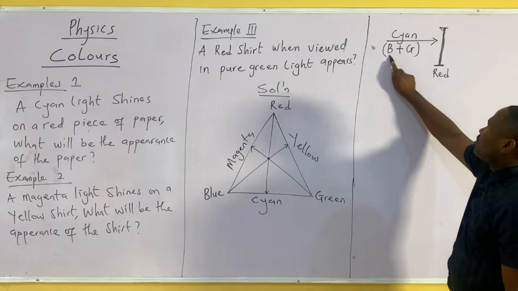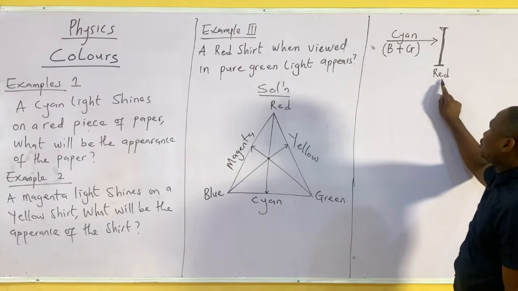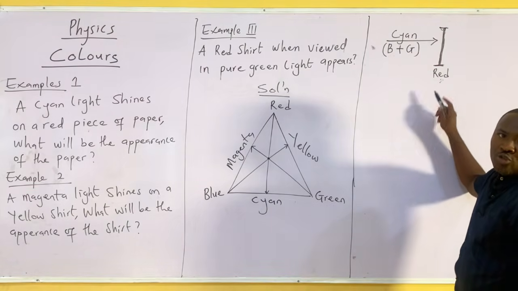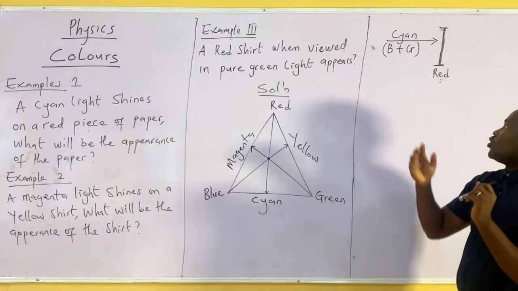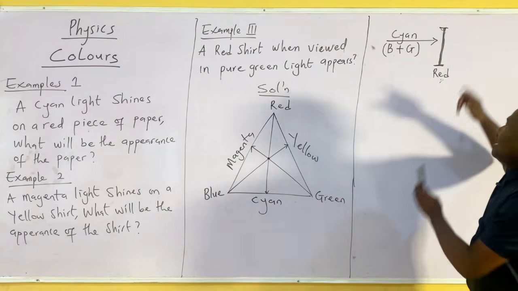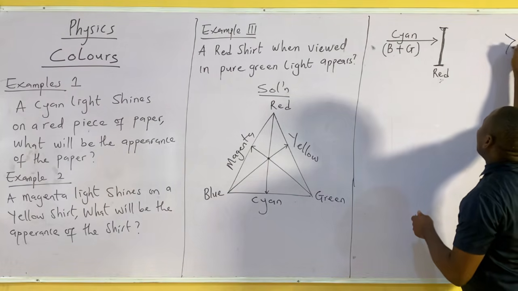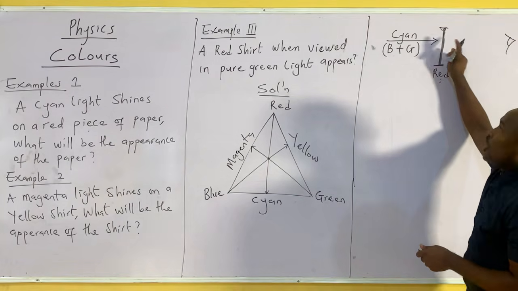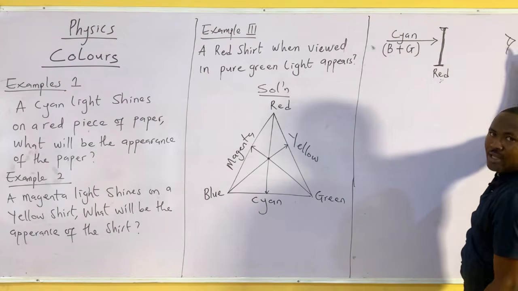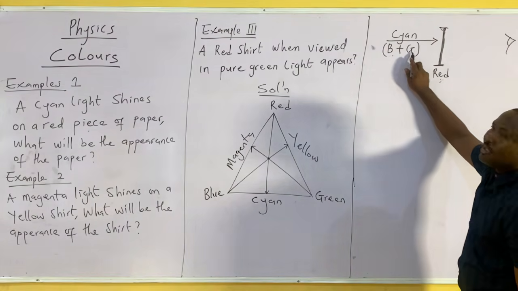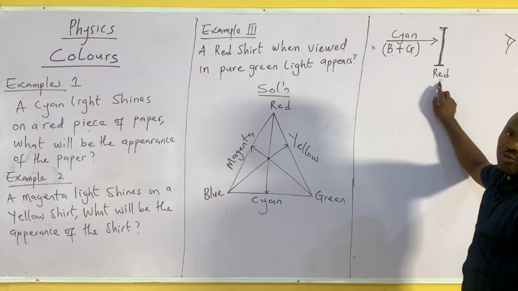Meaning these two colors have no relation with red. So what will happen? Red will absorb them, so they cannot be reflected. Any eyes that will see this object, we see it by the color it will reflect. Now blue and green are not related to red.